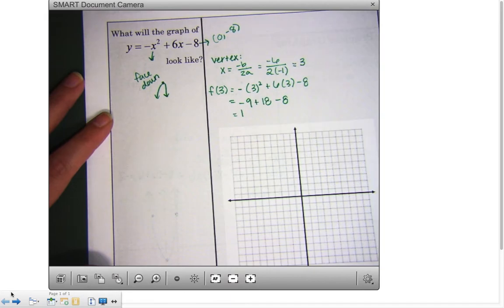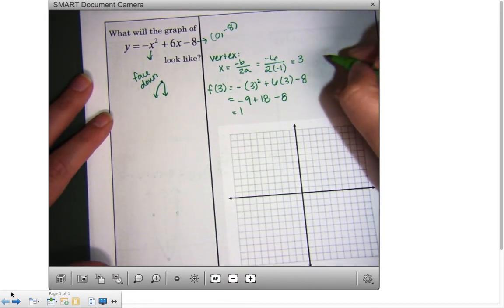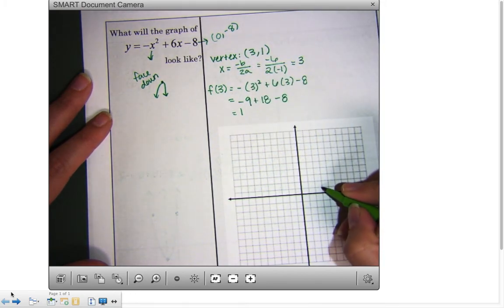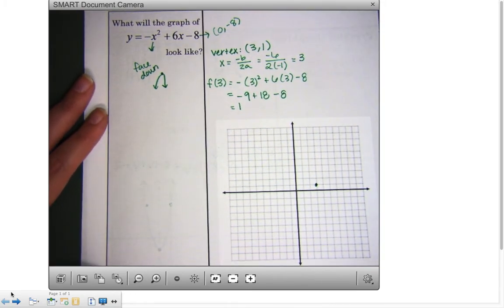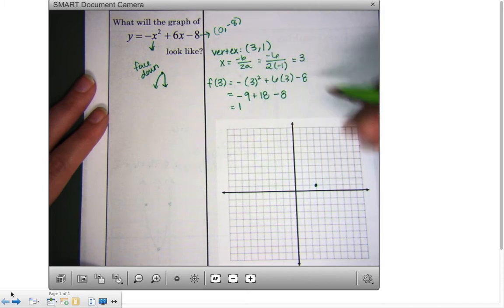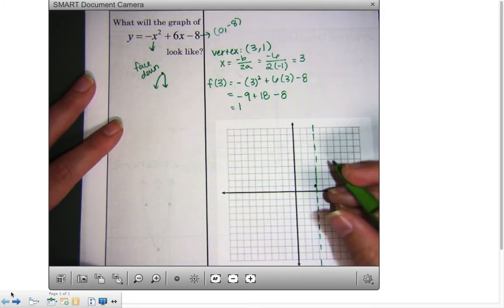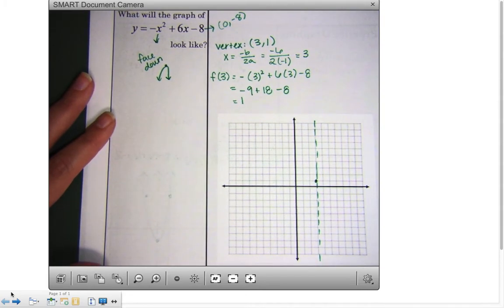So the y value of my vertex is 1. So my point for my vertex is (3, 1). Remember, the axis of symmetry is x equals 3. That's the vertical line through x equals 3. So your vertex lies on your axis of symmetry.